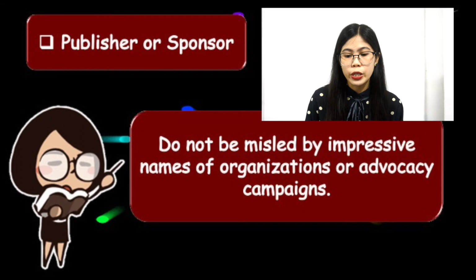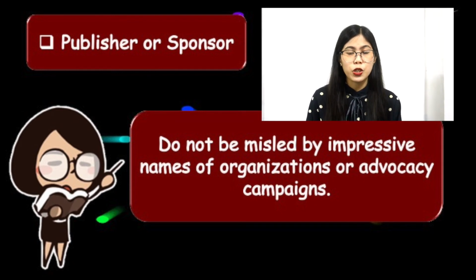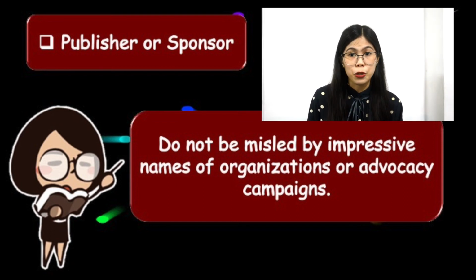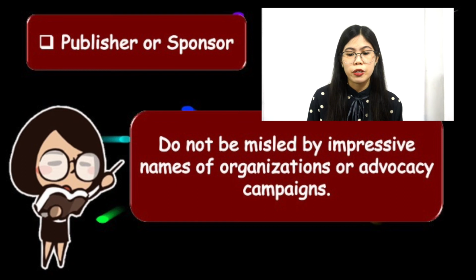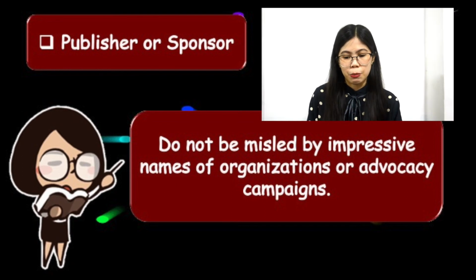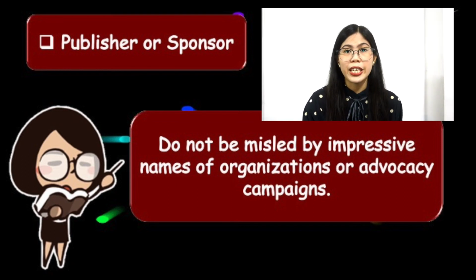But unknown to many people, this organization is sponsored by a mining company with an ulterior motive, which is to penetrate the community to mine their lands. This mining activity is a threat to the natural resources and environment. In this matter, you should really evaluate the sources of information, or the pages or sponsors.